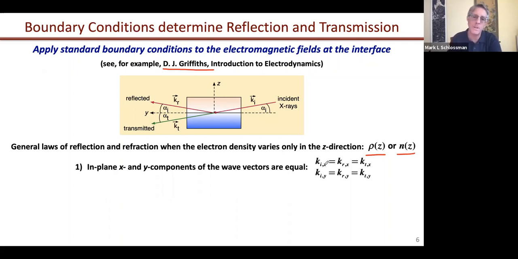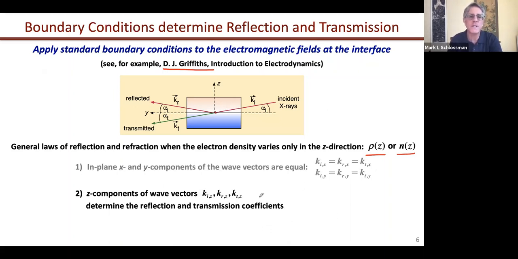That is, the x components of the incident, reflected, and transmitted wave are all equal, and the y components of those three wave vectors are all equal as well. That leaves us with just the z components. That's the only thing we have to work with in determining reflection and transmission.